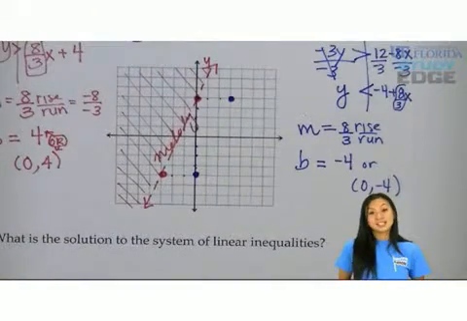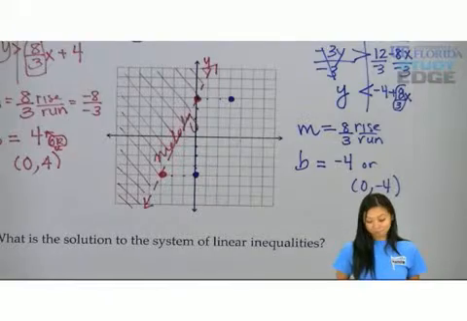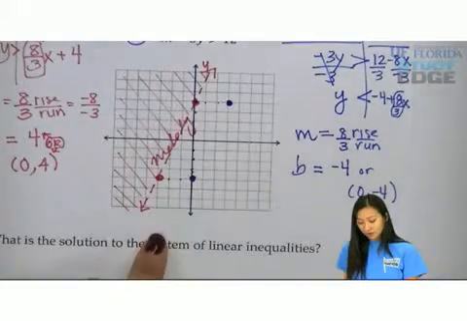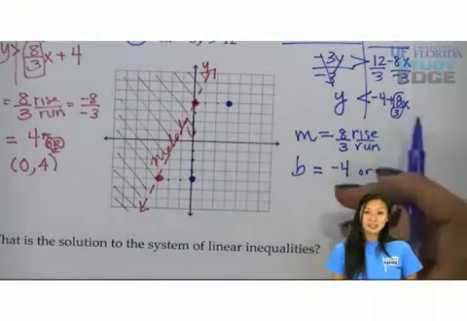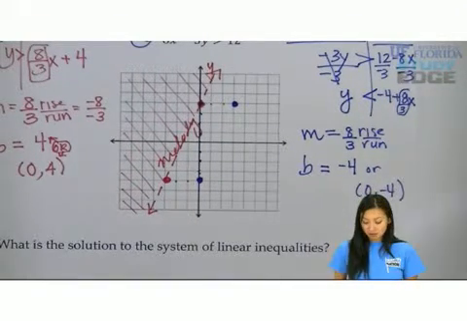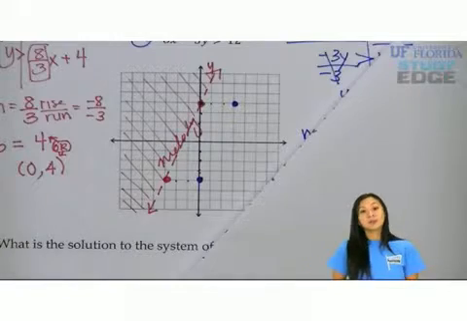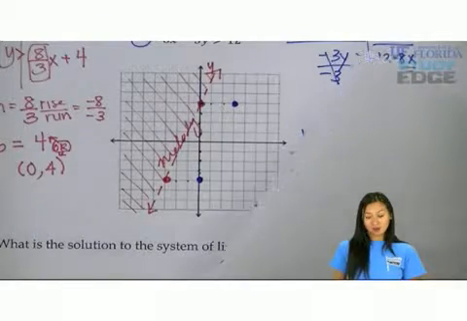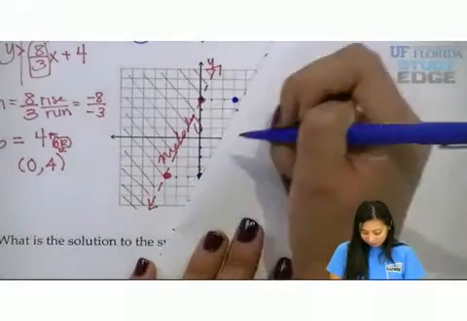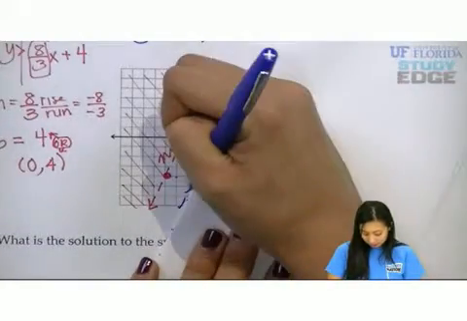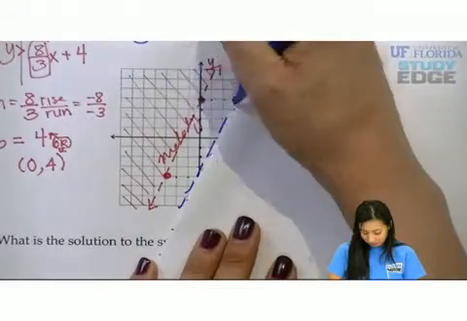All right. So I'm going to graph this line. Let's look. It's a less than sign, so I know that I have to shade below the line. I also know that my line has to be dotted, dashed, broken, not solid, because it doesn't have that equal sign underneath.